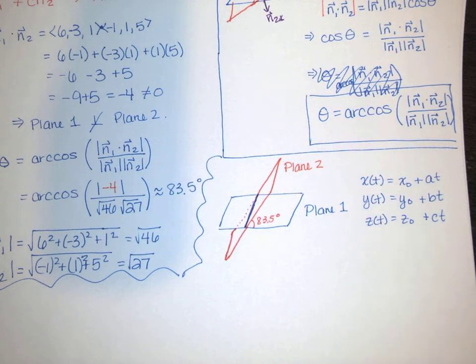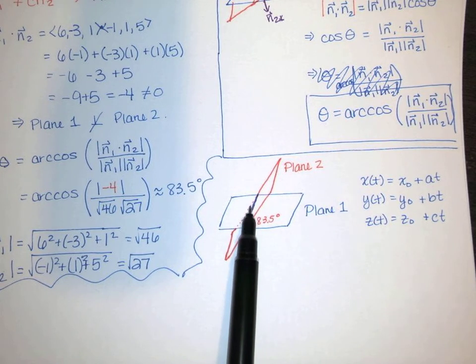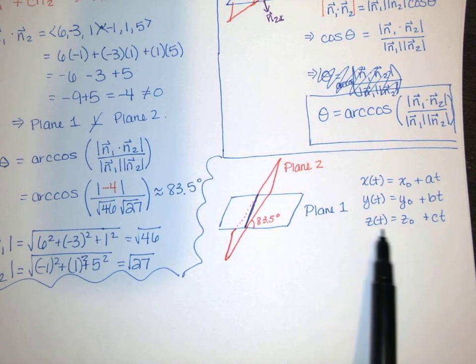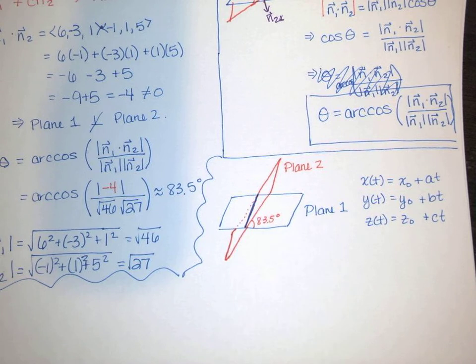So these are the parametric equations of the line. We've got one free variable, t, and as t increases, we're at different locations on the line. The question is, how can we find these three functions of t that will ensure that we lie on this line?